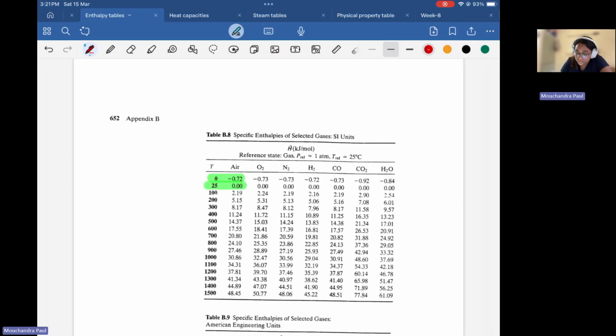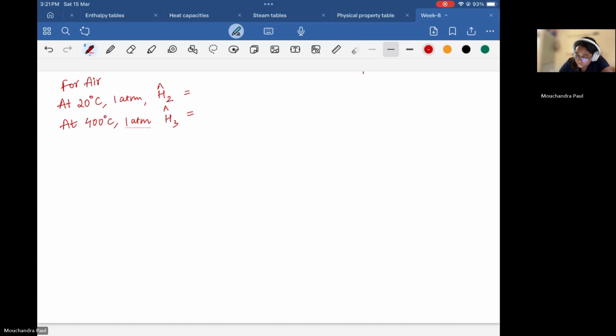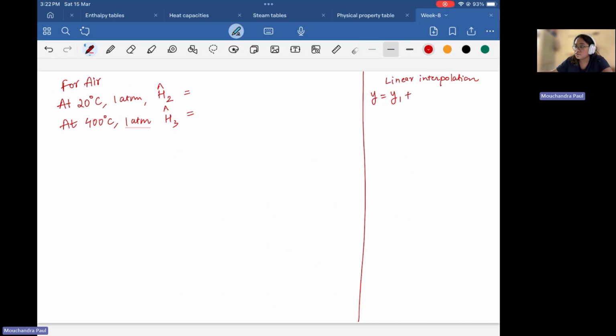The basic formula of linear interpolation is y equals y1 plus (x minus x1) divided by (x2 minus x1) times (y2 minus y1).